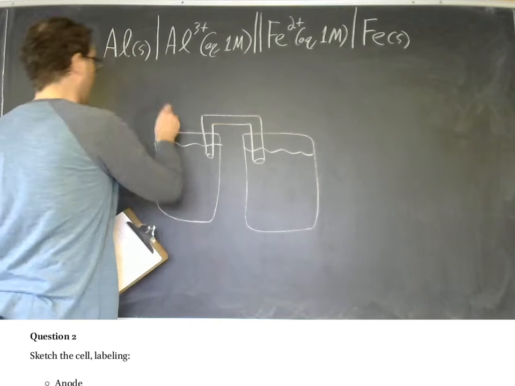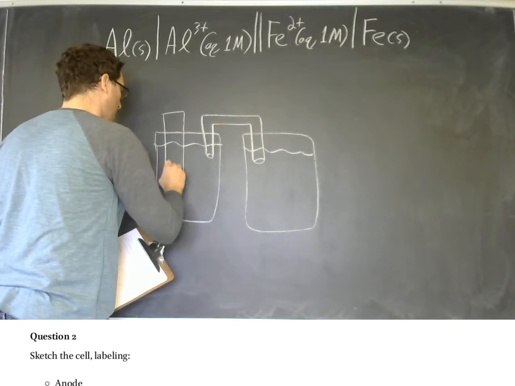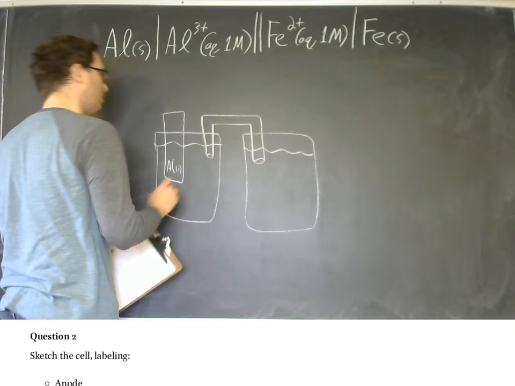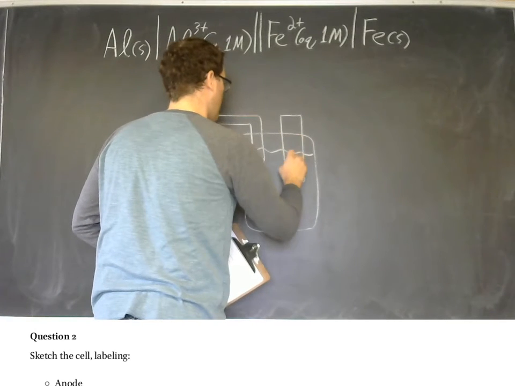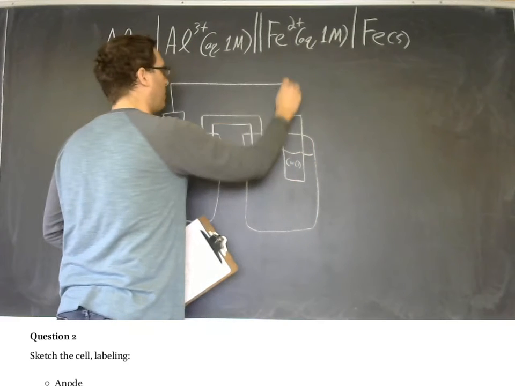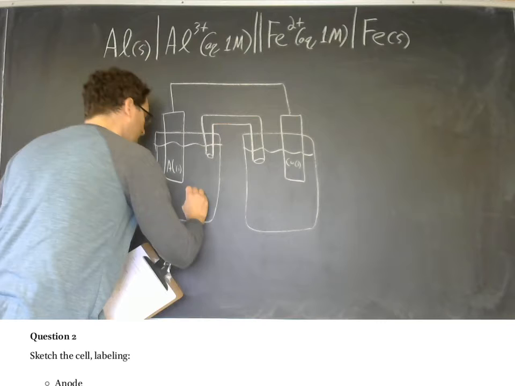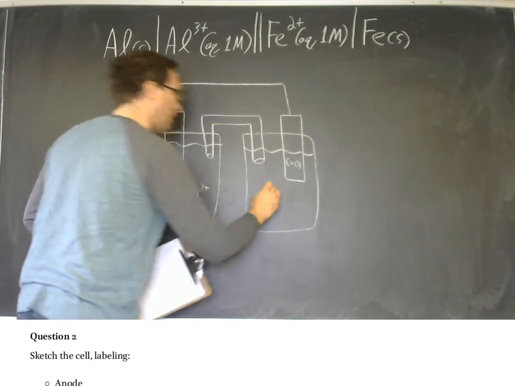Okay, we'll draw the aluminum electrode. And the copper electrode. They are connected by a wire. And here in solution we have aluminum 3+.